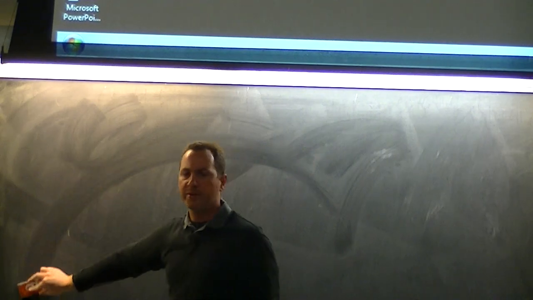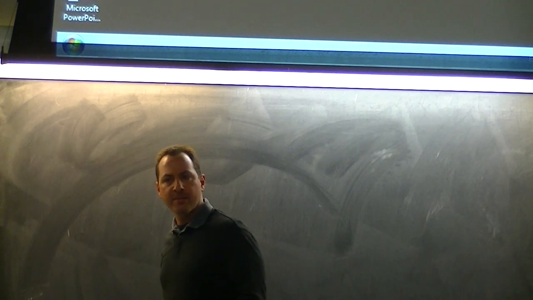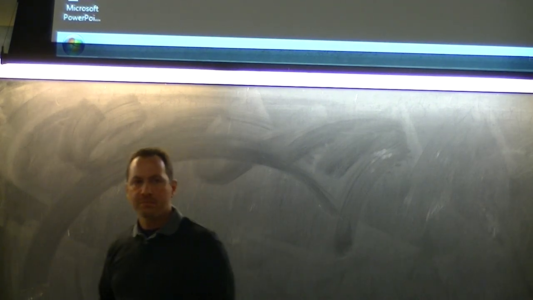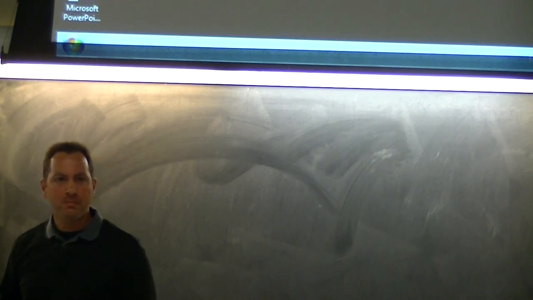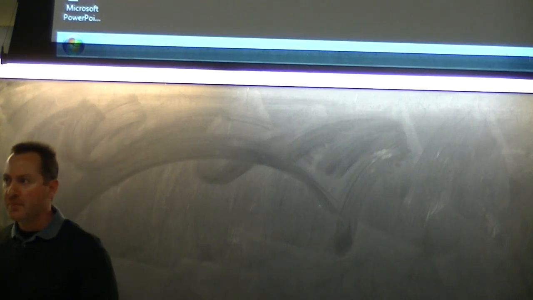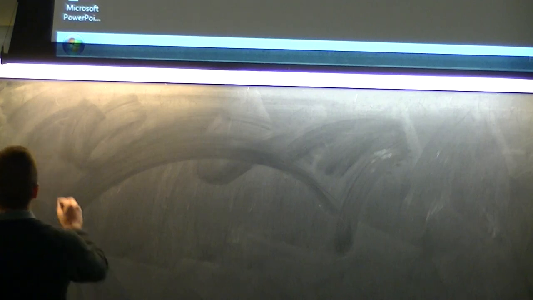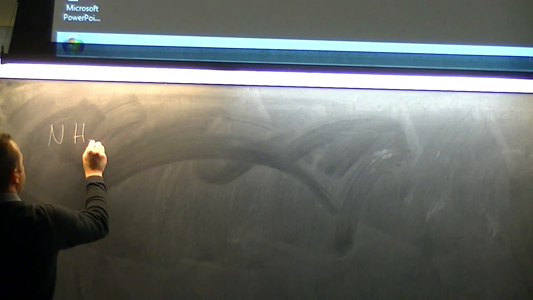Let's use a base that doesn't have OH. Give me a base that doesn't contain OH. Ammonia, NH3. So what happens if you put NH3 in water? It gains a proton.